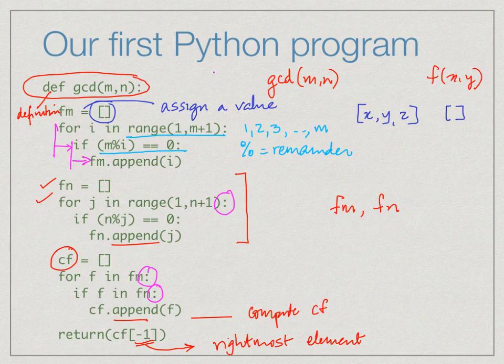These are all features that make Python programs a little easier to read and write than programs in other languages. So we will come to these when we learn Python syntax more formally, but at this point you should be able to convince yourself that this set of Python steps is a very faithful rendering of the informal algorithm that we wrote in the previous slide.